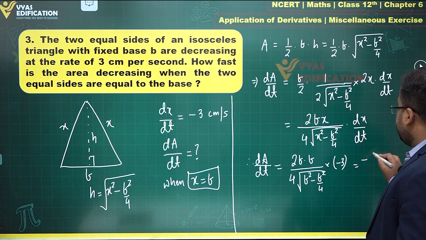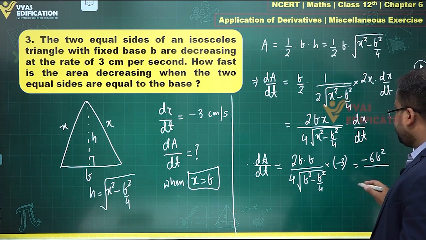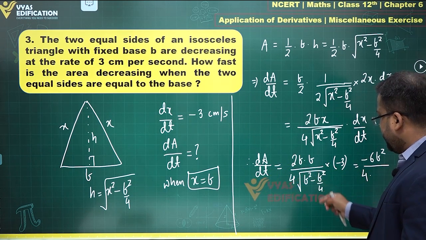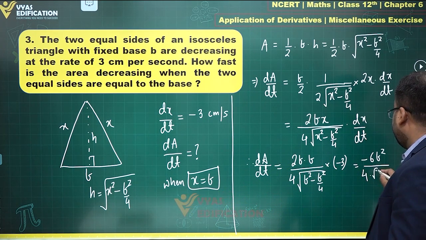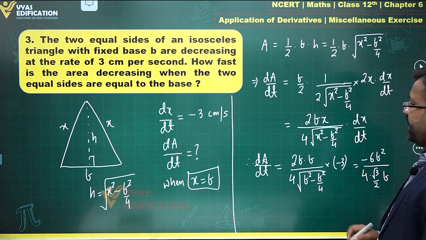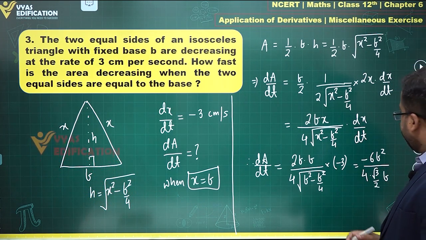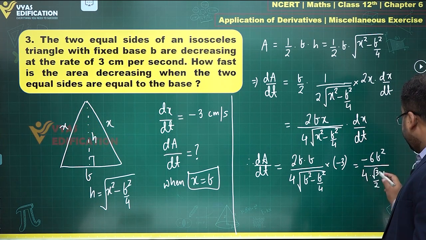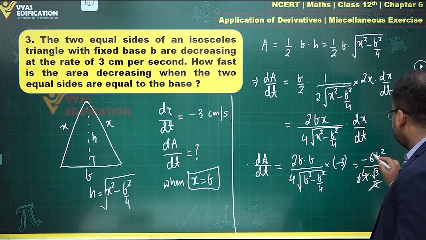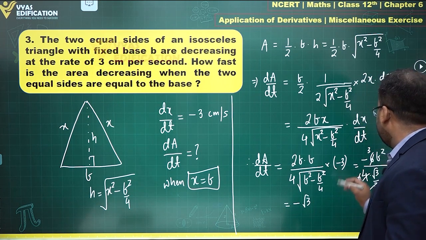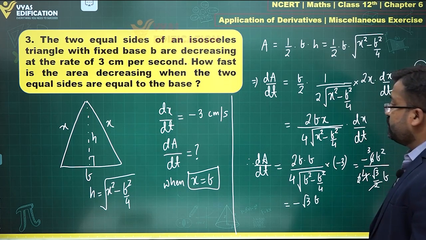This is minus 6b square upon 4 times under root of 3 by 2 b, which is 3b square upon 4 under root of 3 by 2 b. So dA by dt becomes minus root 3 b square upon b. This is what I get.